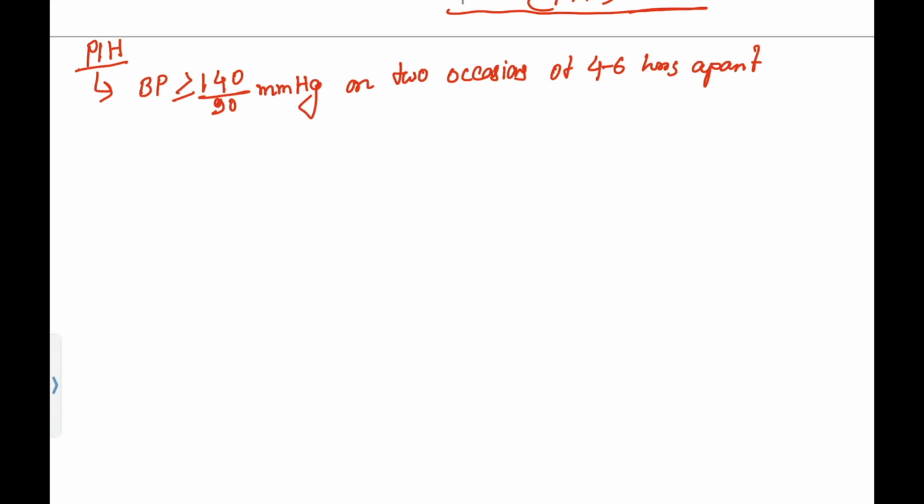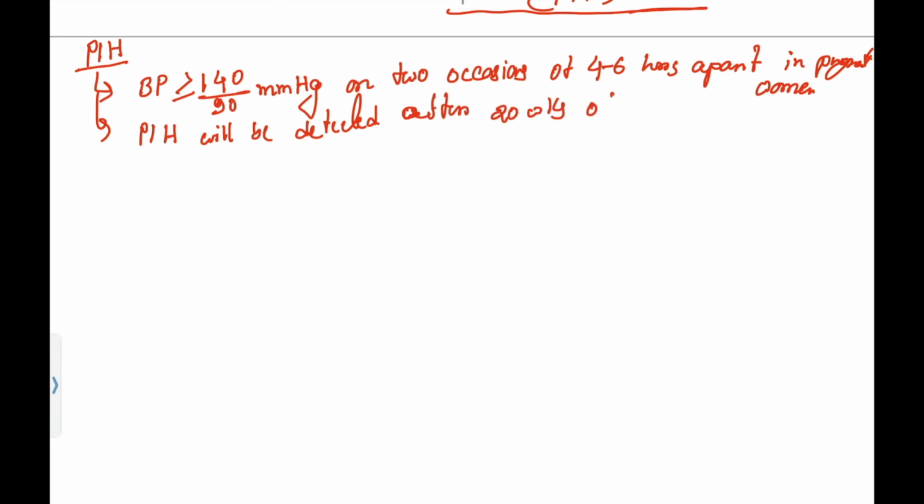Okay, means the systolic blood pressure is more than 140 and the diastolic blood pressure is more than 90 in a pregnant woman. And what else? This PIH will be detected after 20 weeks of gestation.